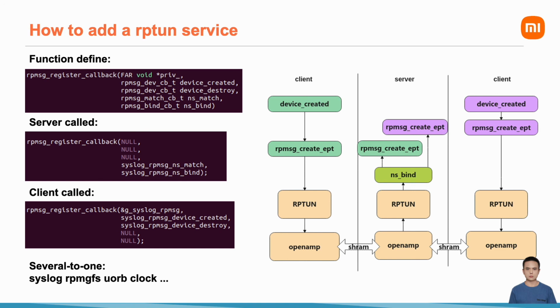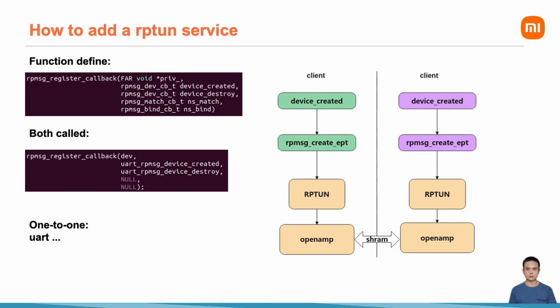It will call the NS-bound callback, and then in the NS-bound callback, rpmsg create EPT will be called. This model is called 0 to 1. Obeying this model, there are syslog, rpmsg-fs, ORB, clock, and so on.